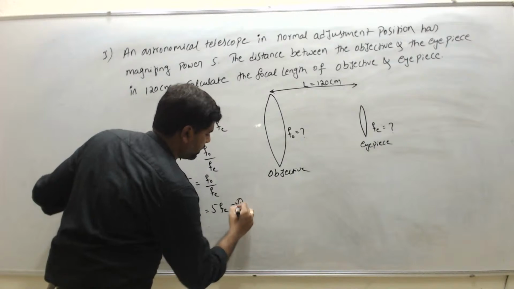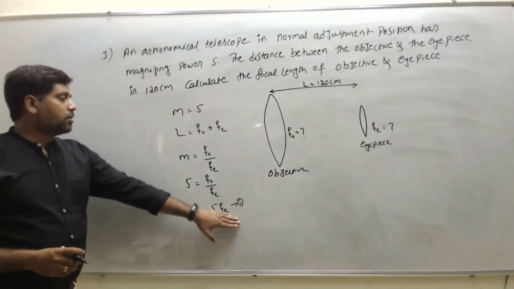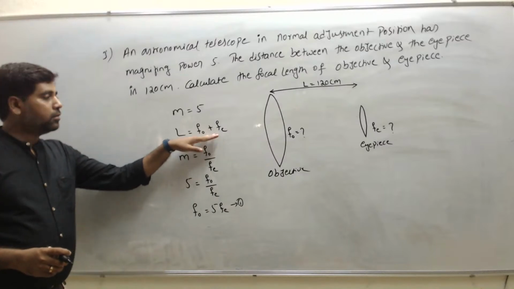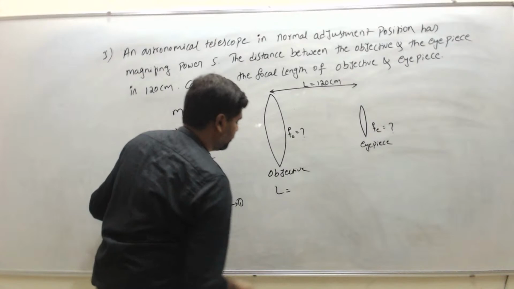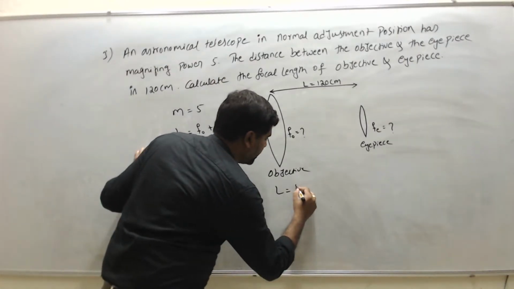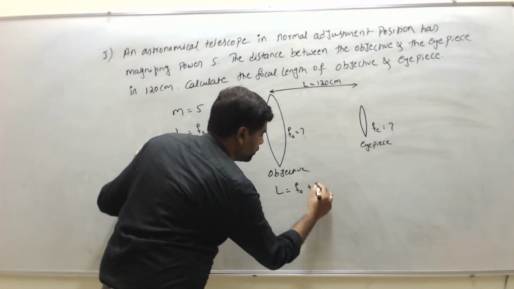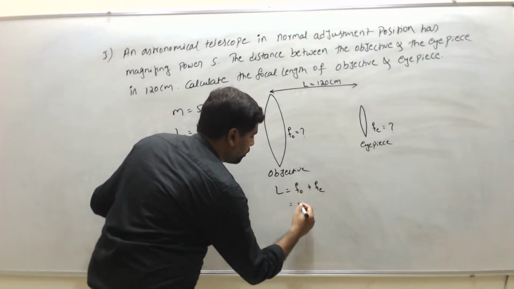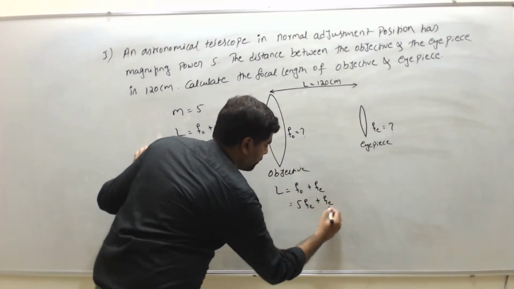Taking this as equation 1. Now substitute this into the length of the telescope L. Once again I will write here FO plus FE. The value of FO is 5 FE, plus FE.